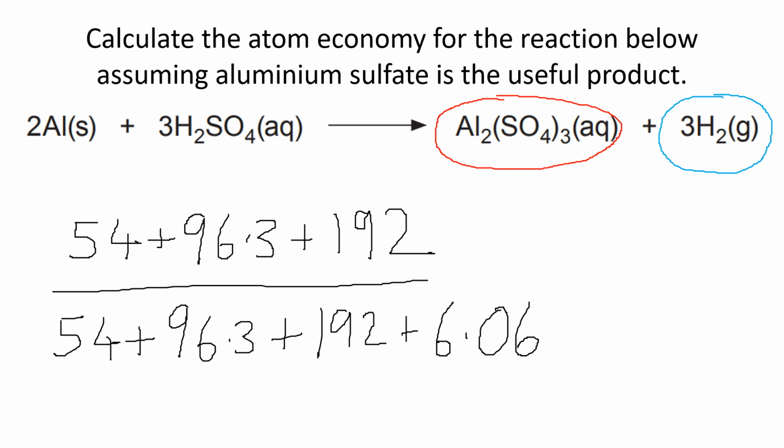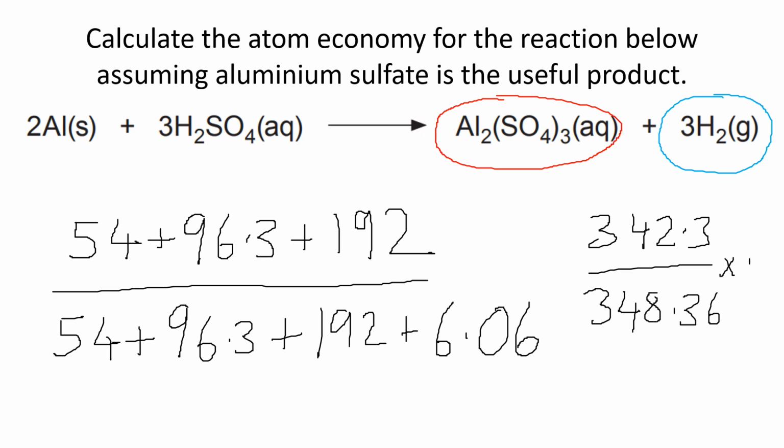So that's 342.3 divided by 348.36 and then times by 100 because it's a percentage, which to the nearest whole number comes out as 98%.